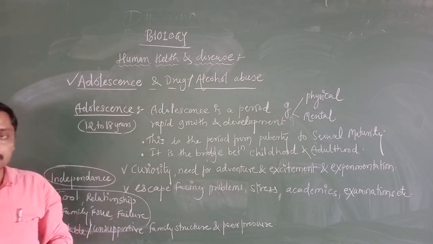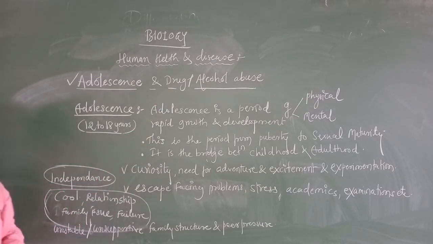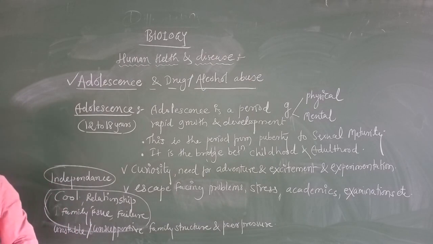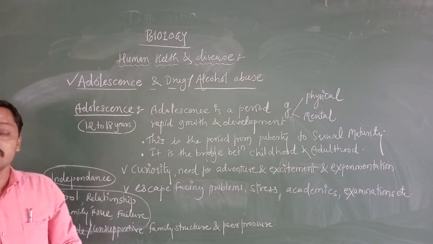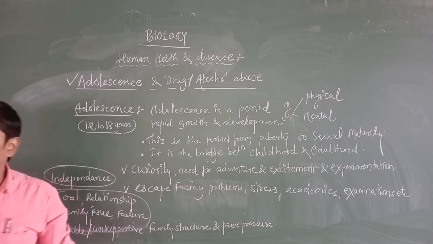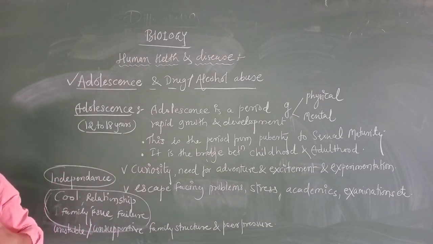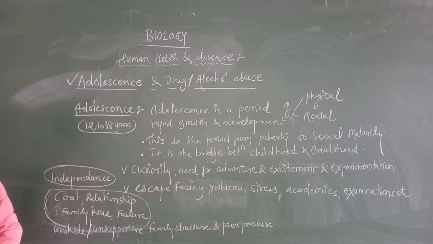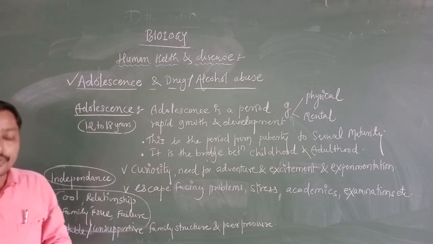When we discussed drug and alcohol abuse in the previous class, I told you the statistics and surveys. When we go through the surveys or statistics regarding drug and alcohol abuse, we find that a large number of youths are involved in drug and alcohol abuse.